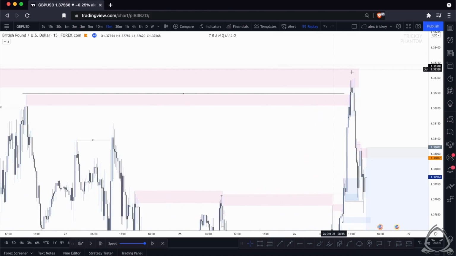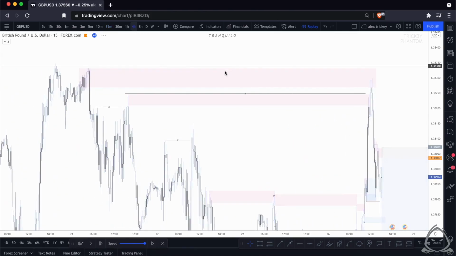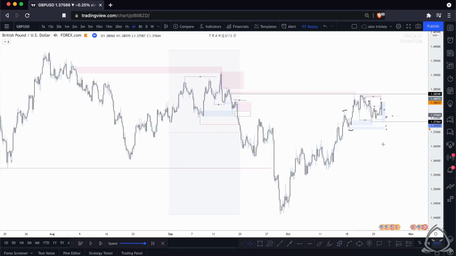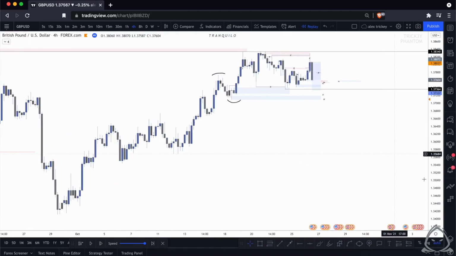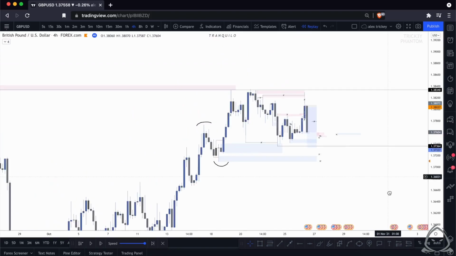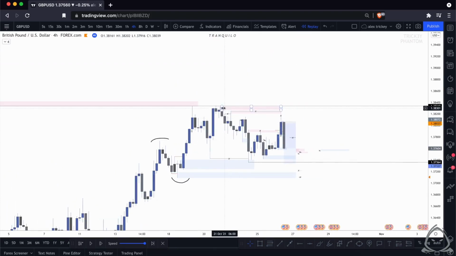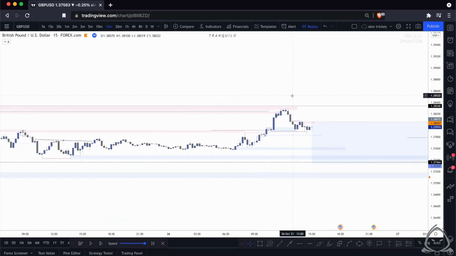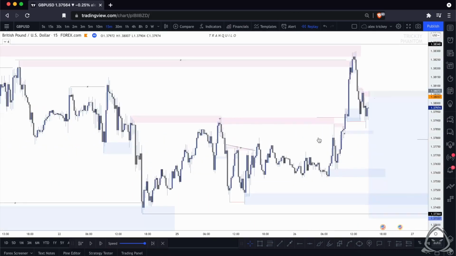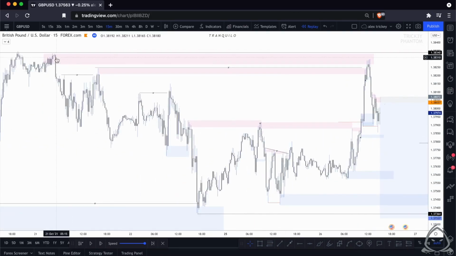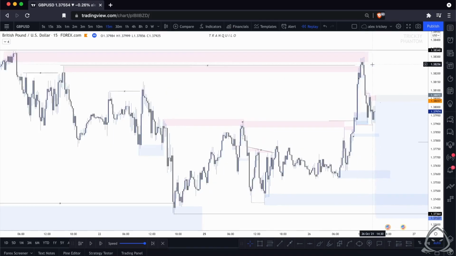We then mitigate the extreme, which you can see is just this 4 hour wick. So on the 15-minute, the candle was tiny, right? I mean, we could have refined it, but either way, I didn't sell from up here anyway.